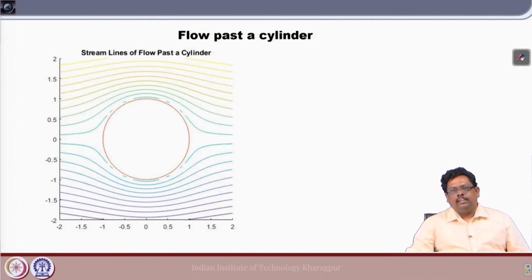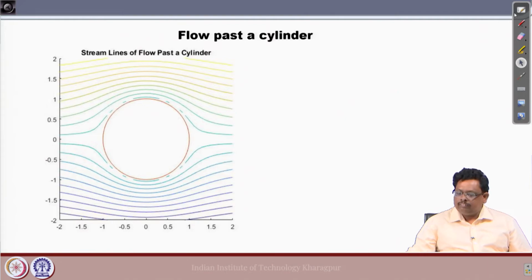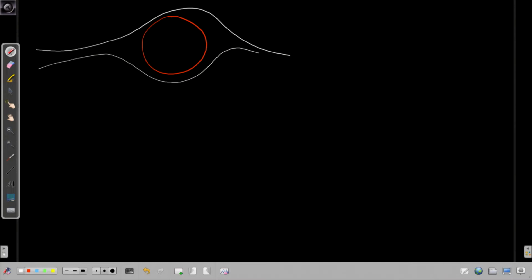Okay. Now the problem is as follows. I have a cylinder like this, and then we have some flow, and we try to find out the mathematical model for that flow past the cylinder.